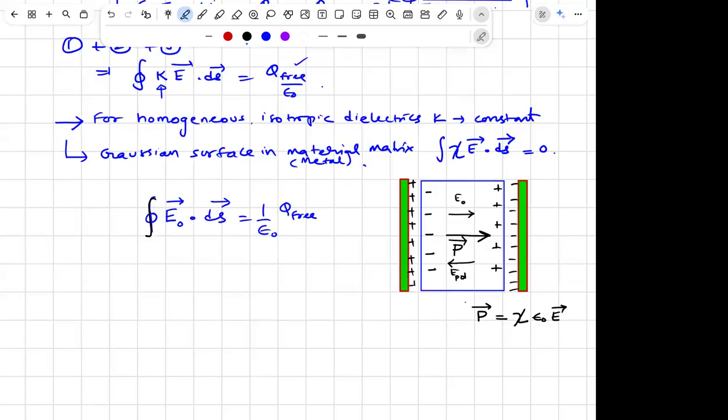Please find this difference hereafter. Vectorially, I have shown you what they are. Please find the difference. Don't get confused. What is E net, you know? E naught bar minus E polarization bar. Otherwise.